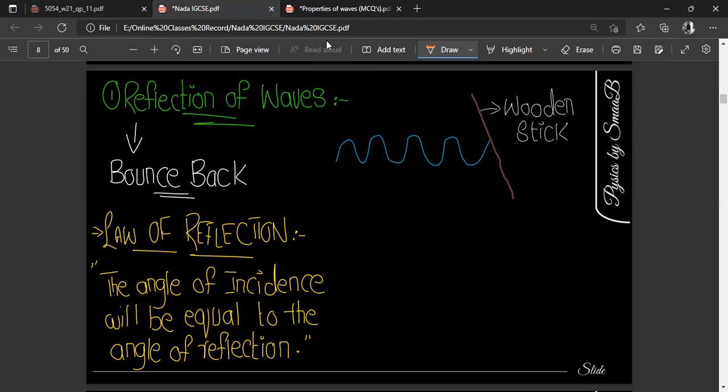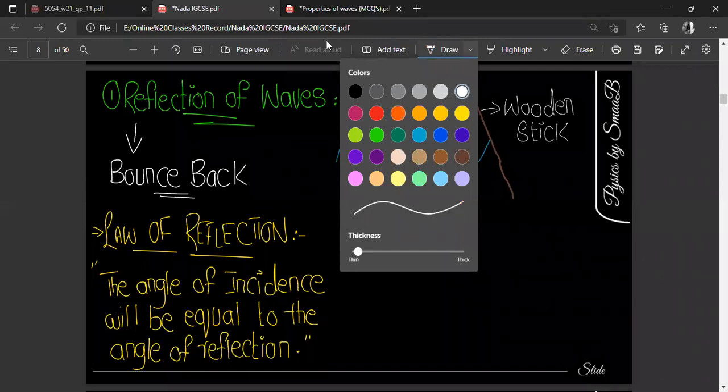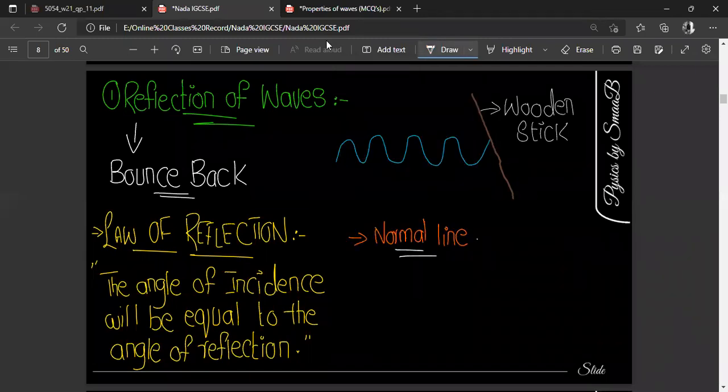So you have to do one thing: first of all, you have to draw a normal line, right? First of all, you have to draw a normal line, and what this normal line is, you can say that normal line which is perpendicular to the surface or reflecting surface.